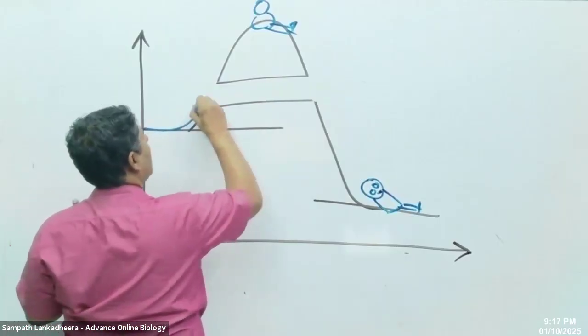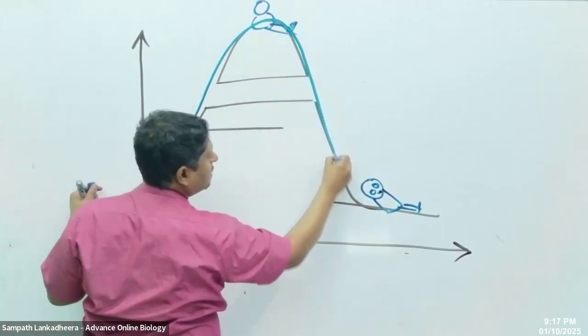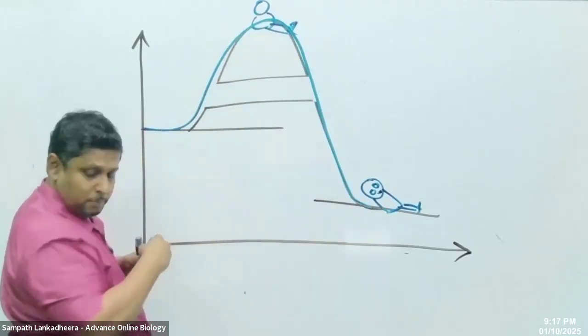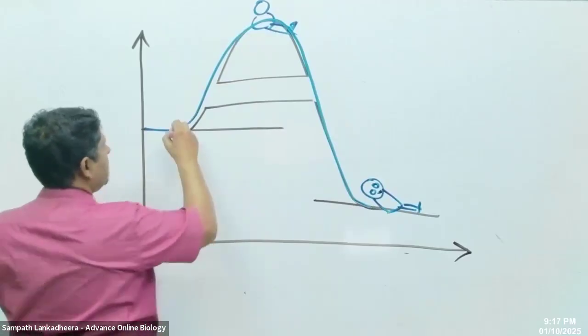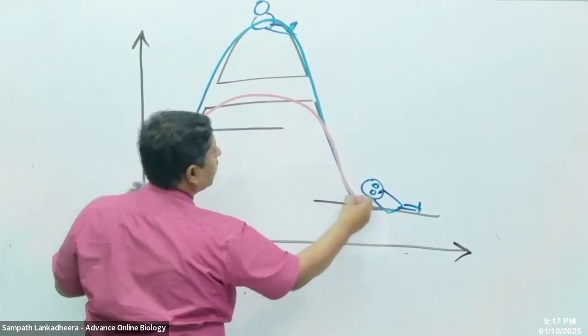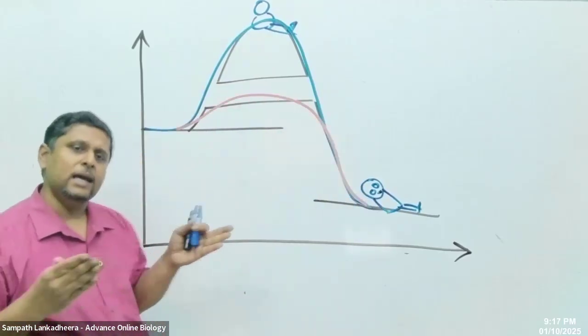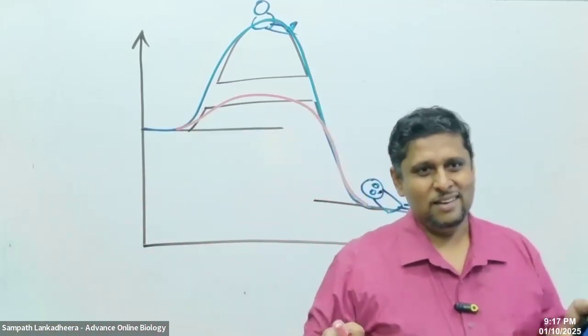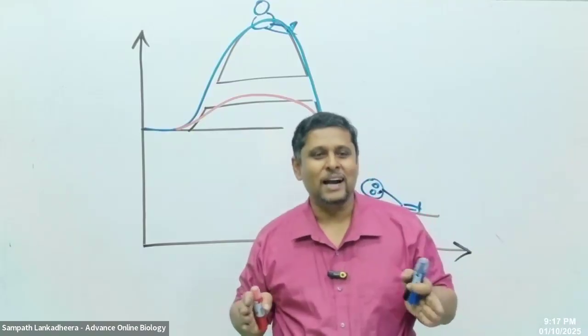When the enzyme is absent, this is the energy needed to start the reaction. This much energy. When the enzyme is present, it seriously decreases the energy requirement. It creates a new path for the reaction to proceed, so it lowers the activation energy.